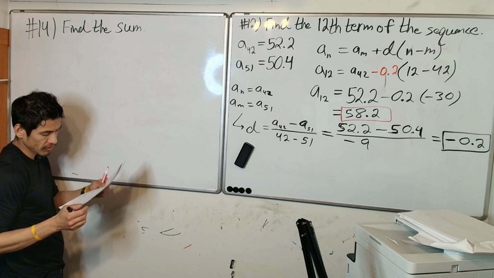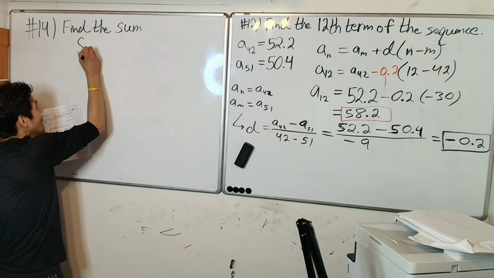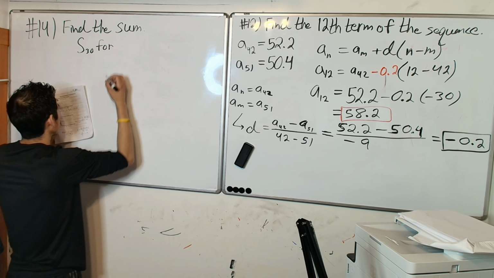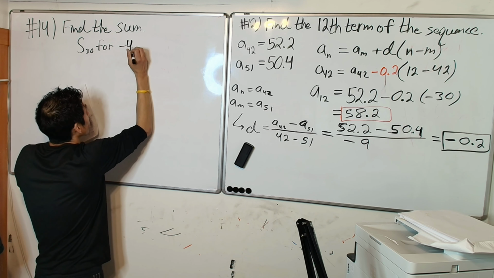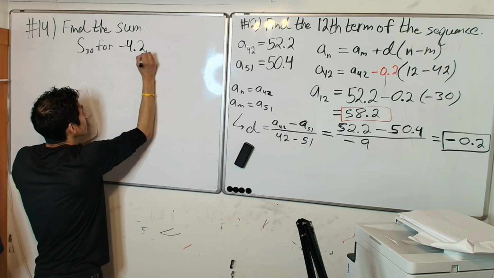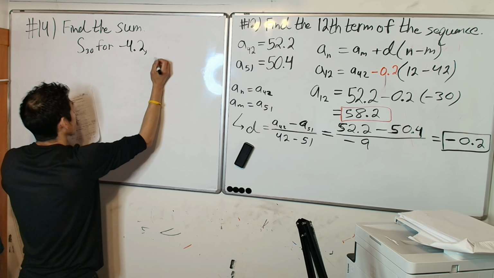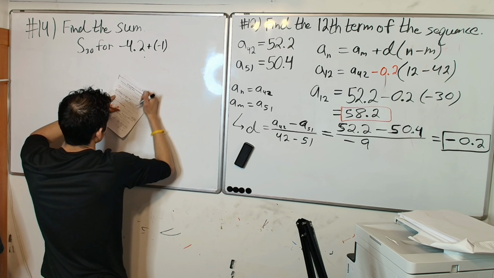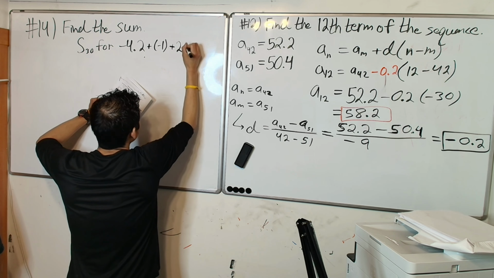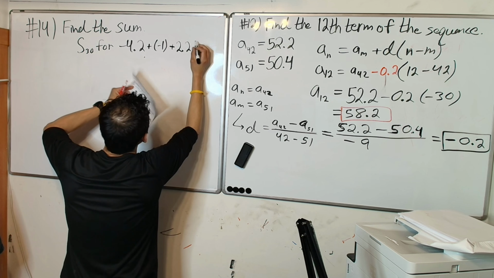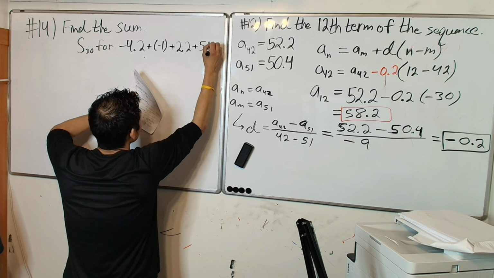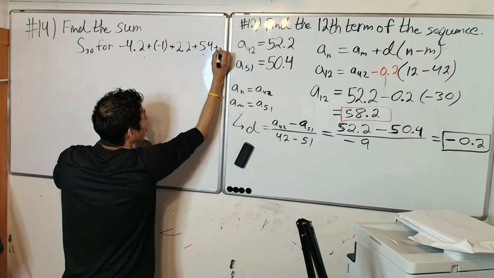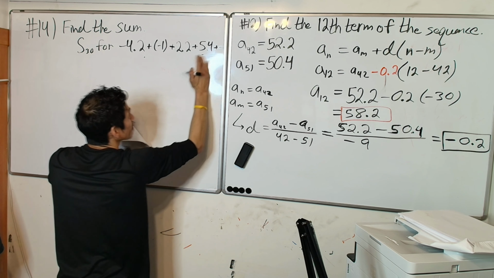On this sum, we're going to find S30 for the sequence that goes negative 4.2, then negative 4.2 plus a negative 1, plus 2.2, plus 5.4, and so forth. These are supposed to be three little dots. There we go.